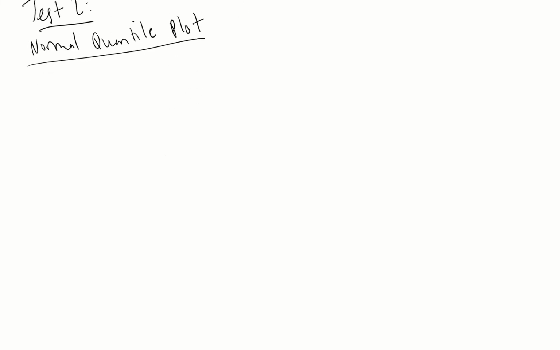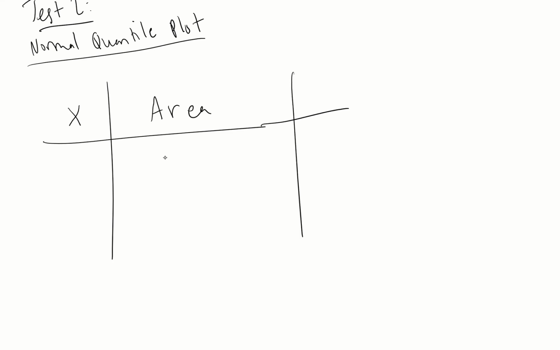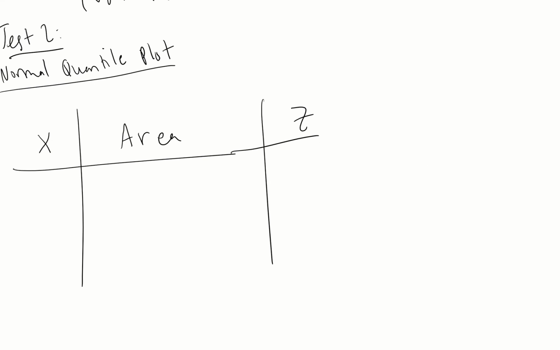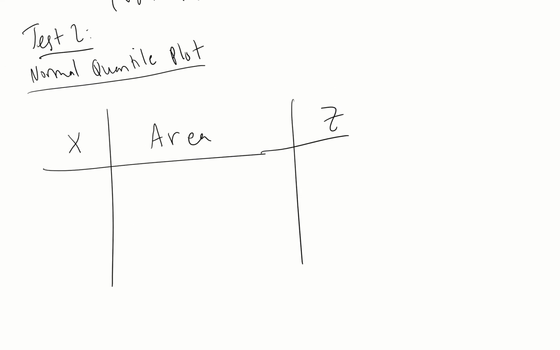So in order to do this, we're going to need to basically sort our data, right? We're going to have our data, we're going to have the area, and we're going to have the z-score, okay? So basically, the short version is you take the number of data points. So we have 24 data points, right? And then you multiply it by 2 to get 48. So 24 times 2 is 48.